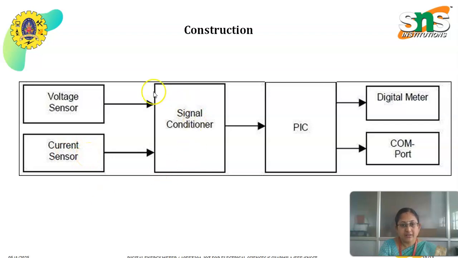These two are multiplied in the signal conditioner unit, where error or noise is reduced. The processor processes the values, and the digital meter displays the voltage, current, and so on. And there is the communication port.